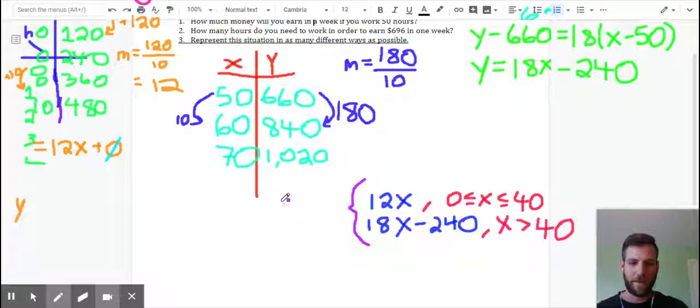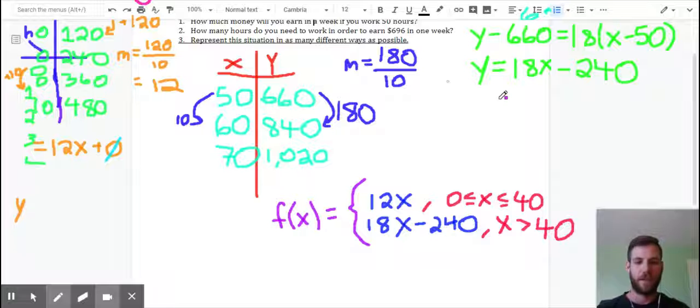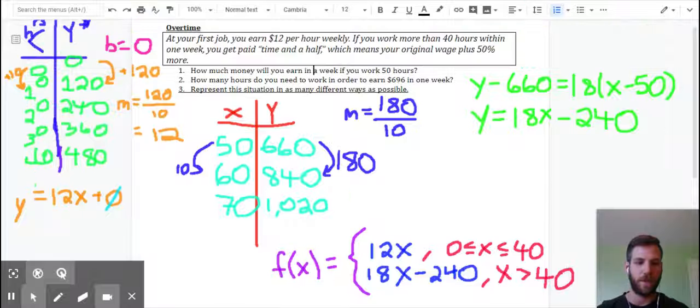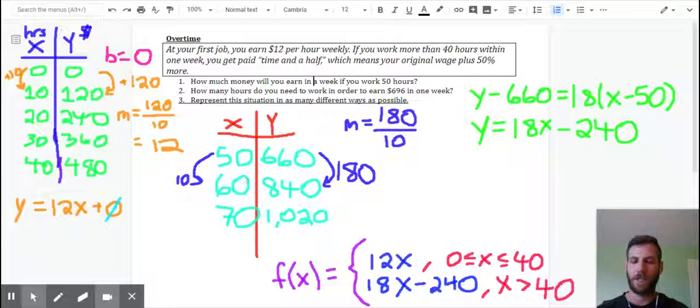We would write out f of x here on the side, because f of x and y are the same, and they're equal to both of these. We have both of these equations representing the situation we've been working on in this video. And now we've represented this word problem up at the top with two different representations. We have tables to represent the two parts, and now we have an equation for both parts that all come together into one big function.